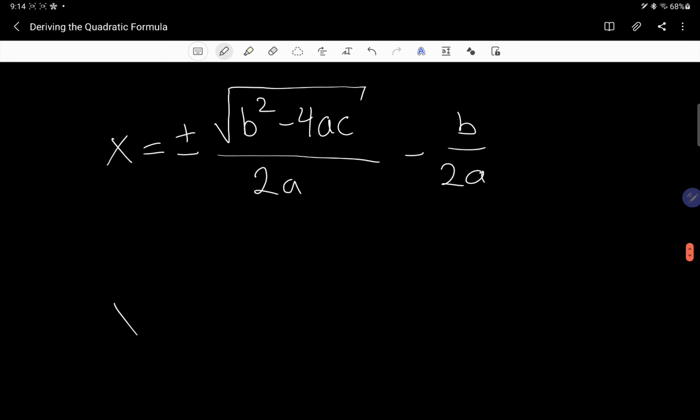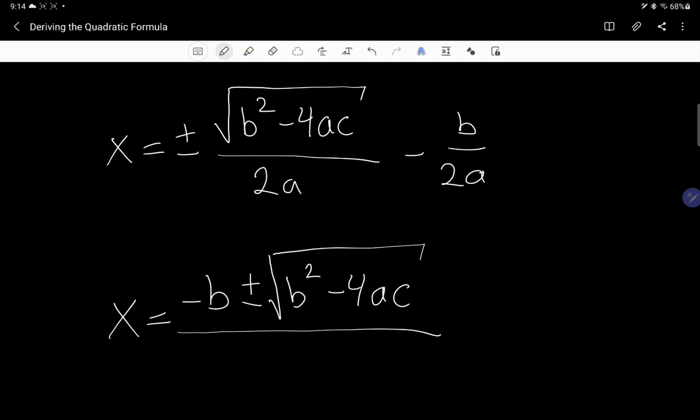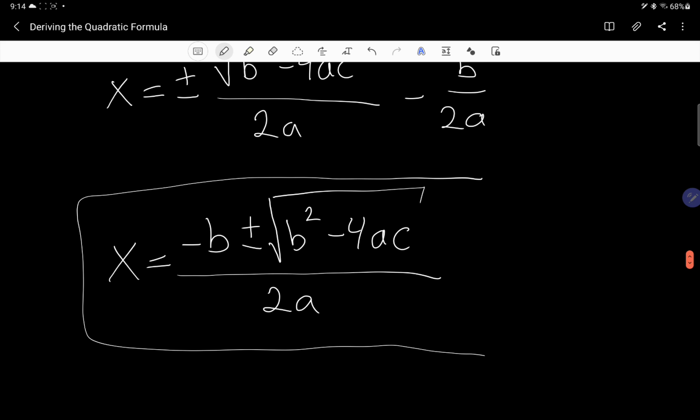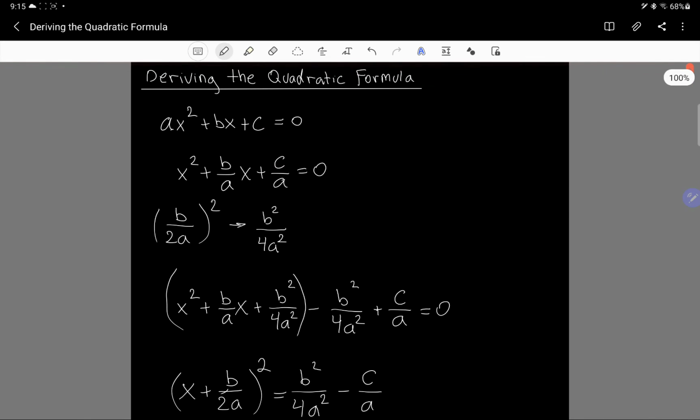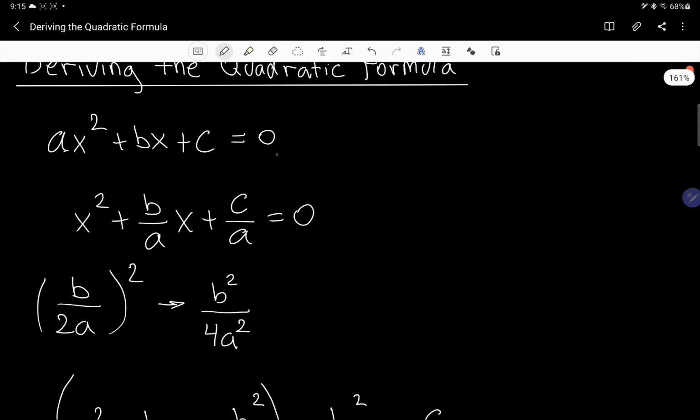So we have x is equal to, so I'm going to put this negative b right in front, so negative b, and then plus or minus the square root of b squared minus 4ac, all divided by 2a. And there you have it. That is the quadratic formula derived from the standard form of a quadratic equation right here.